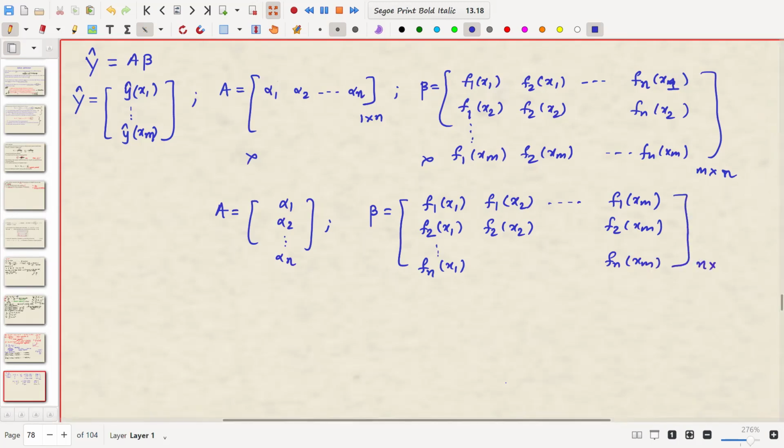So n rows, m columns. Here n rows, one column.